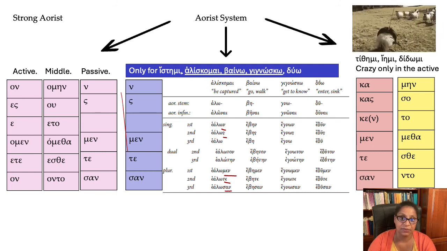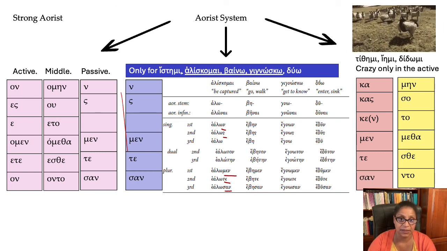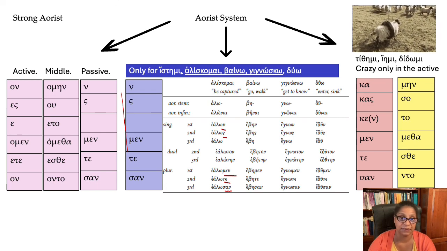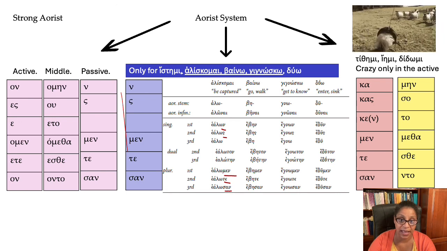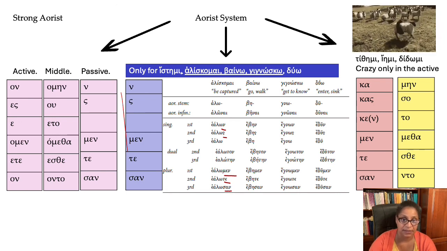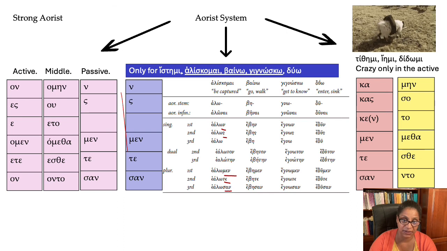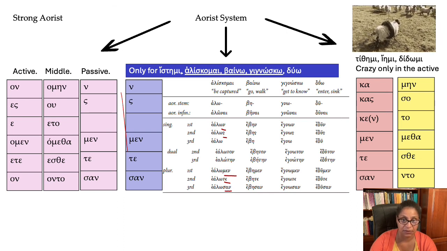All right, and then there's the really just completely annoying irregular verbs, and they're also really common, so you just have to know them. It's tithemi, hiemi, and didomi. They have ka, kas, ke in the singular active. Men, te, san. They're perfectly fine in the plural, right?